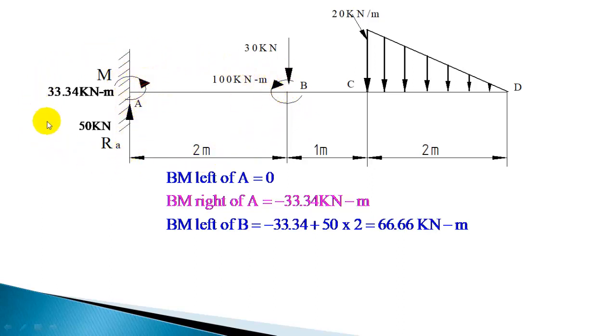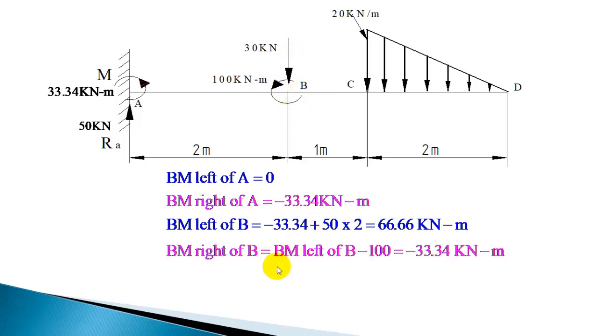Now when you take the immediately right of B, the moment of these forces, this couple and this force will remain same. Only change coming is this couple will get added. But here it is in anti-clockwise direction, so you should take minus 100. So immediately right of B, whatever value you had for the previous section, that is 66.66 minus 100, that will give the bending moment immediately right of B. So bending moment right of B is bending moment left of B, minus 100, minus because this couple is anti-clockwise.